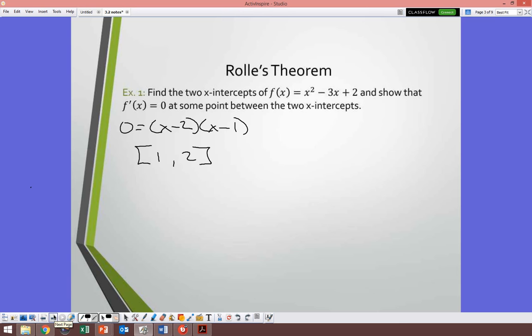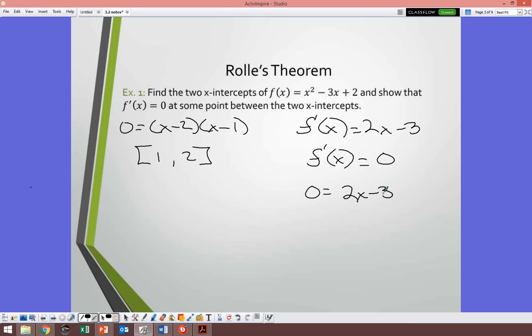Now to get the slope, I have to take the derivative. So f prime of x is 2x minus 3. Set that equal to 0, so 0 equals 2x minus 3.